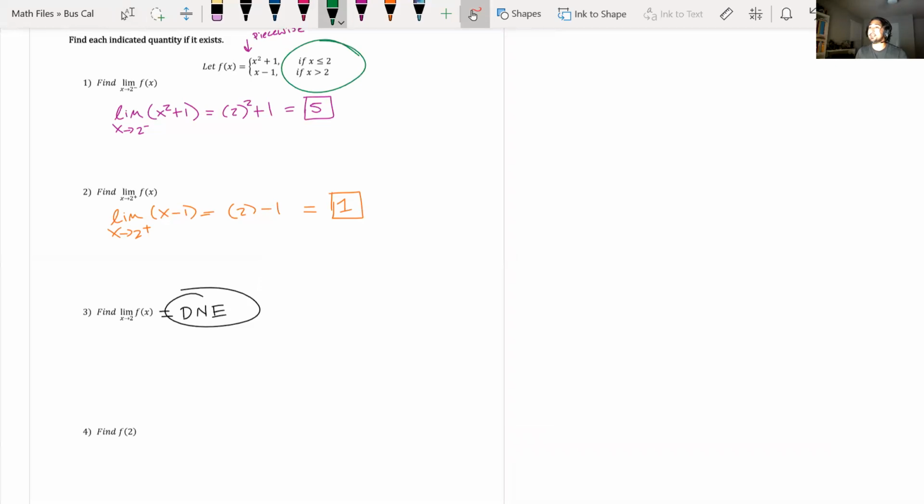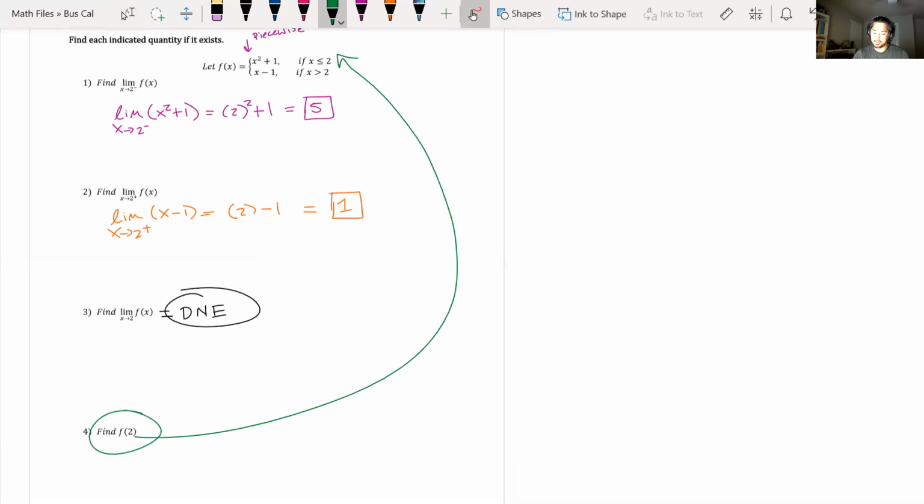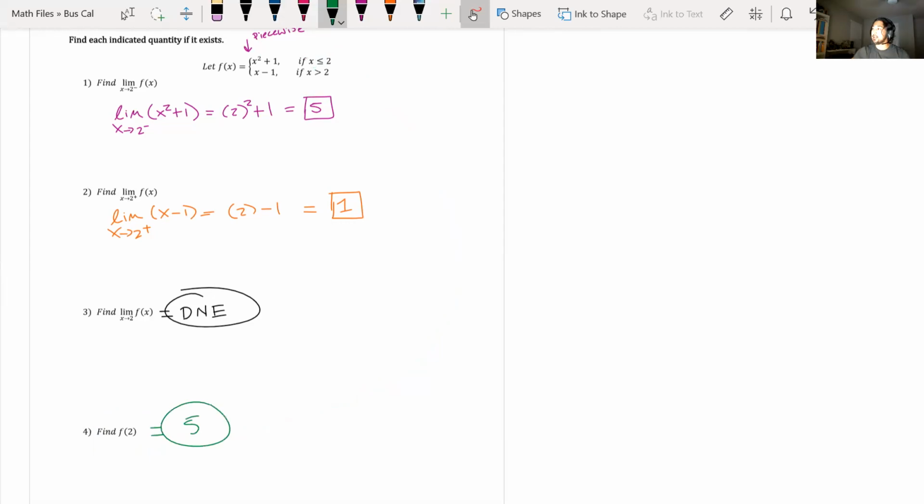Good, because that inequality says less than or equal to. So this function notation connects with this restriction, which means we get to use this function. And we already know the value when you plug in 2. You're going to get what? 5. That's it.